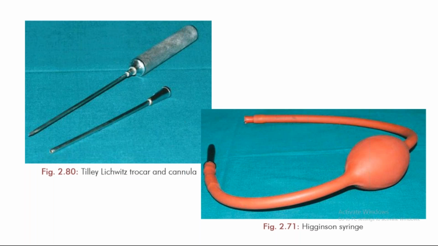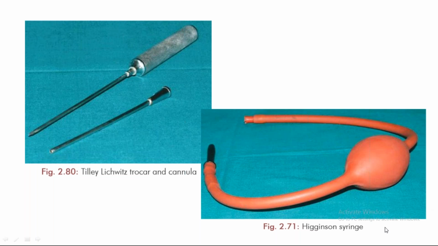Once the trocar and cannula are in the maxillary sinus, which you appreciate by a sudden giveaway sensation, you gently hold the cannula and remove the trocar. Now the cannula remains in the maxillary sinus.